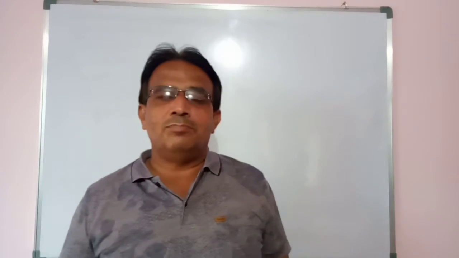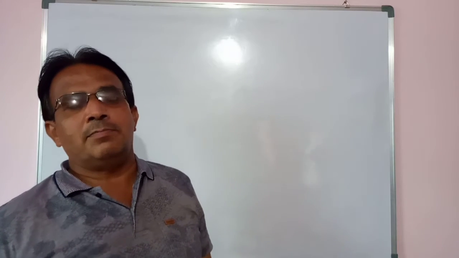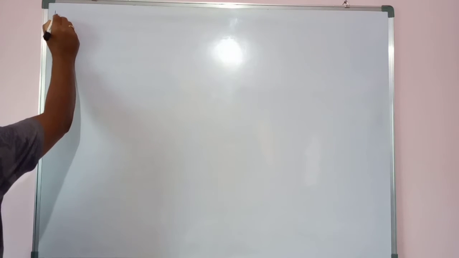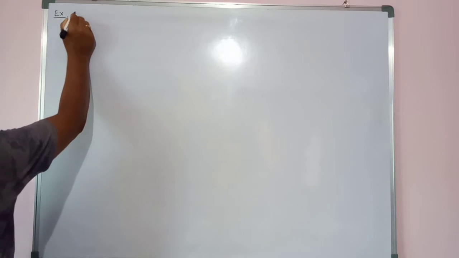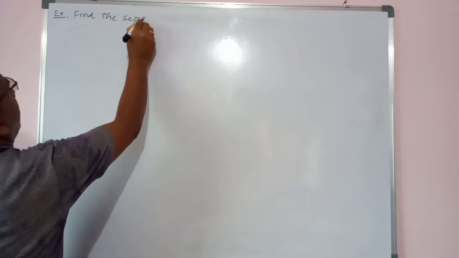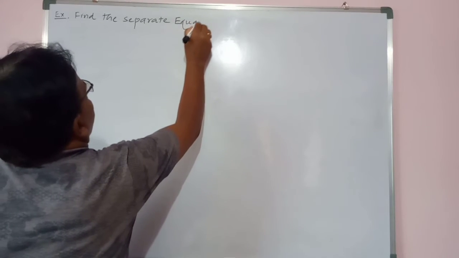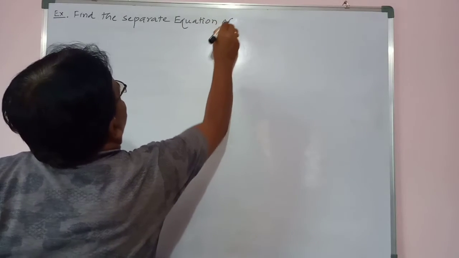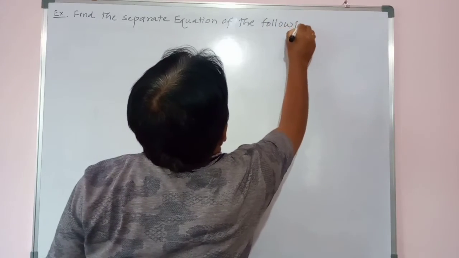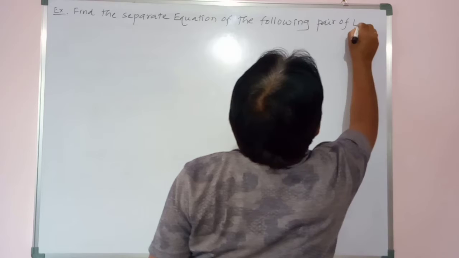Let's learn combined equation of pair of lines, and next is separate equation. Therefore, find the separate equation of the following pair of lines.